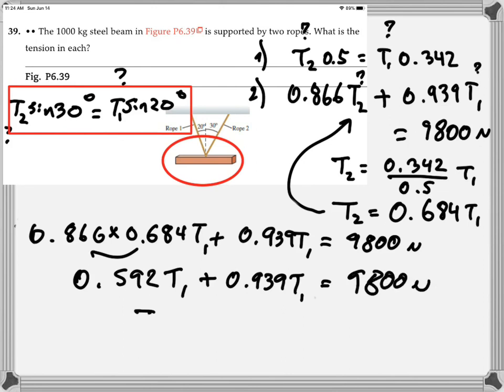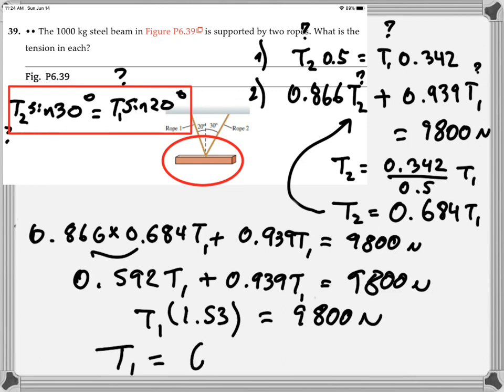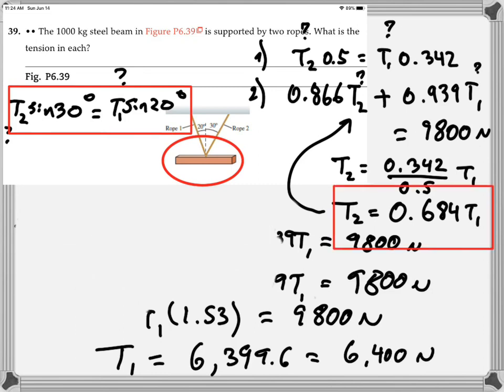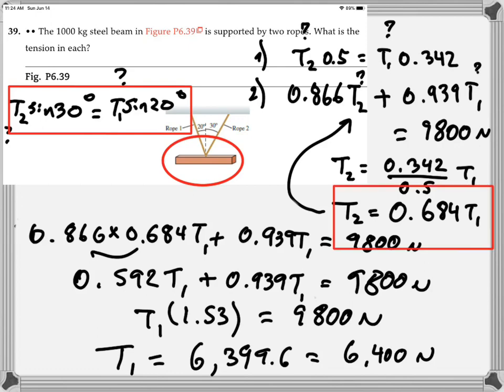So factor out the T1, add the numbers, and you get T1 times 1.53 equals 9800, which gives you T1 equals 6399.6, which I'm going to round to 6400 newtons. So knowing the value of T1, we can use the equation inside this rectangle right here, and we're going to replace T1 to get T2.